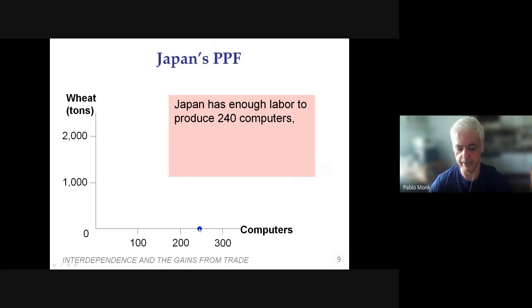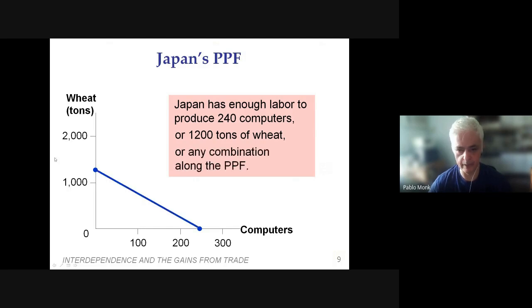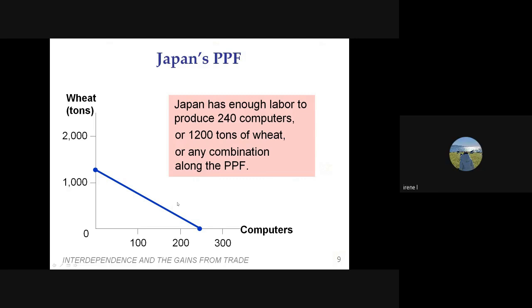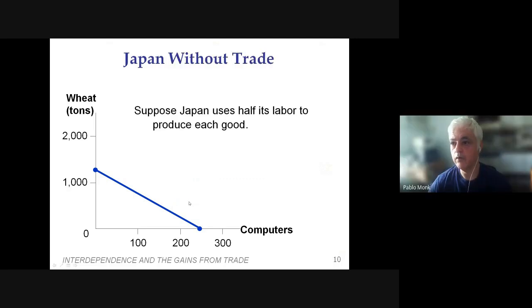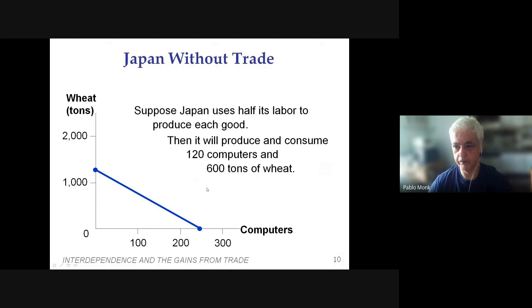Because that's based on how many hours they have. And the maximum could be 1,200 tons of wheat. That's the maximum amount the country of Japan can produce, right? And they would have this line. That's easy to do, right? Okay, cool. So without trade, Japan could choose this middle ground, where they're making 120 computers and 600 tons of wheat.